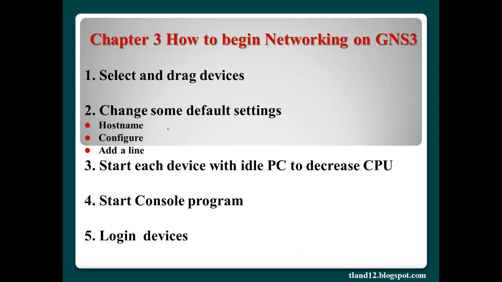If you are successful in configuring or selecting devices like router, switch, and firewall, then just select and drag the devices. After that, you can change some of the default settings, for example, the host name, or configure the devices, interfaces, or add a line like this.